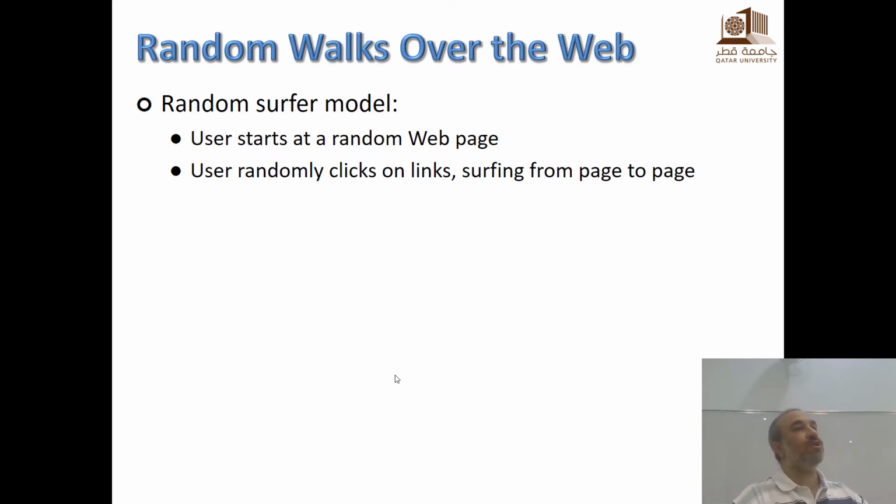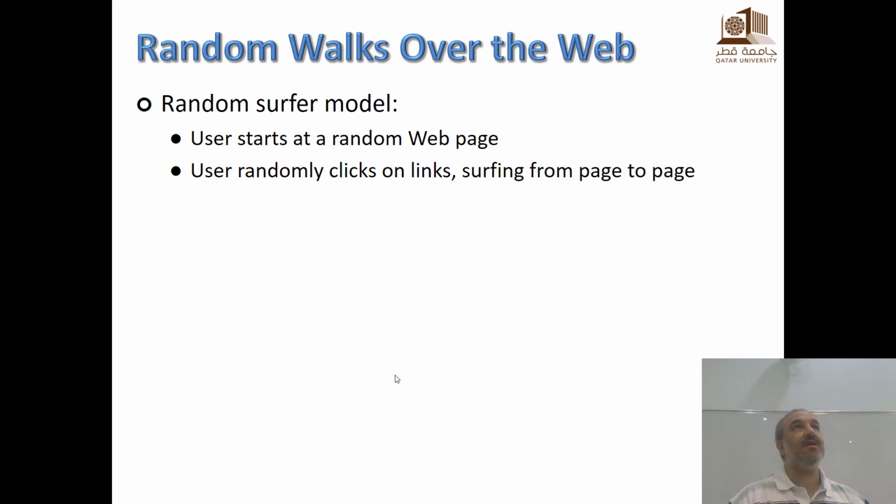Anyway, so what is PageRank? First, PageRank is used to give an indication of how important pages over the web are. Eventually, using this algorithm, each page or each node in the graph of the web will have a score. Actually, it is a probability. And that probability will indicate how important this page is, generally. How the algorithm works: we do what we call a random walk over the web.